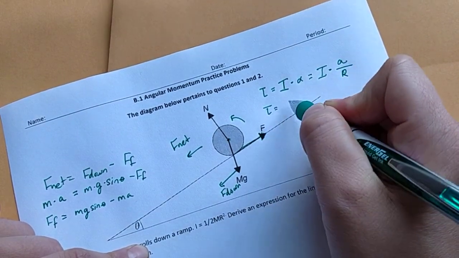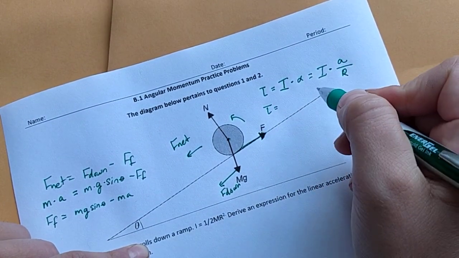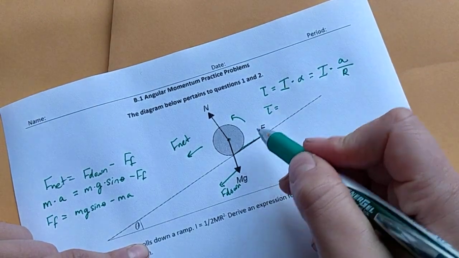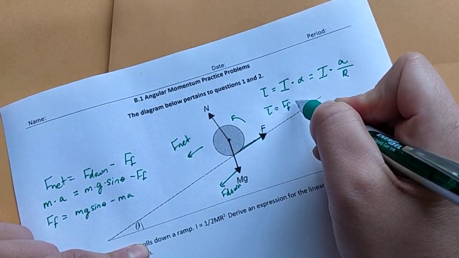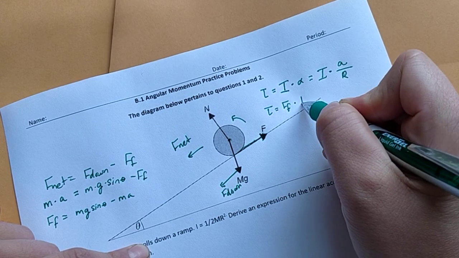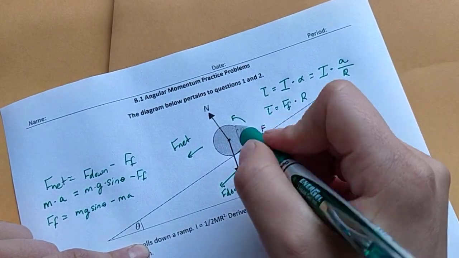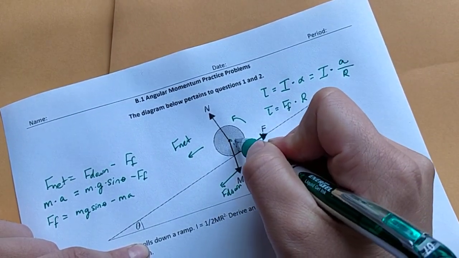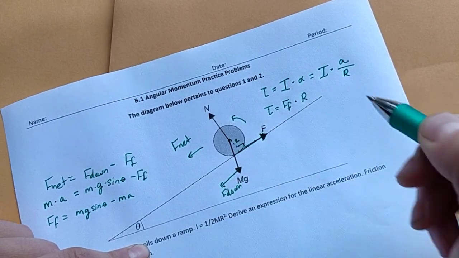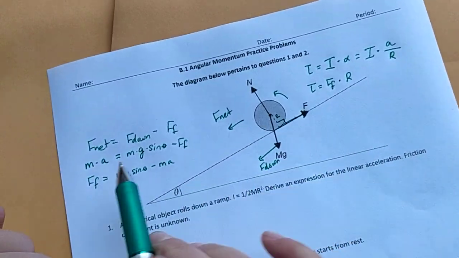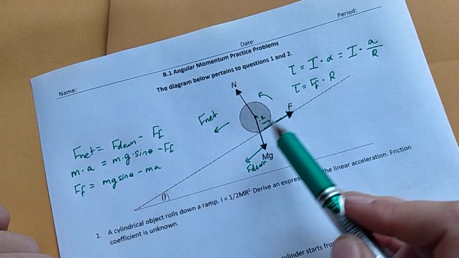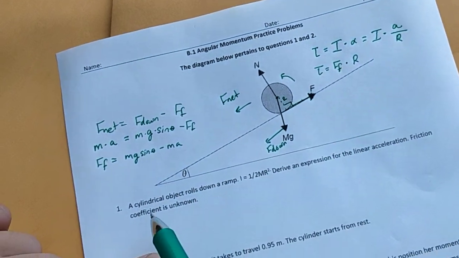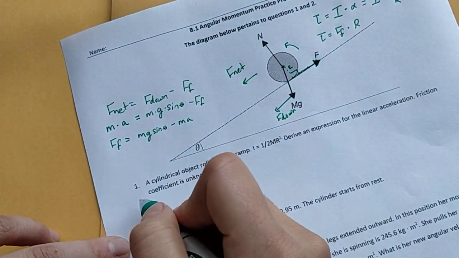And torque is equal to the force which causes rotation, in this case friction, so the force of friction times r times sine theta. The angle between r, my moment arm, and the force of friction is 90 degrees. So now I have an expression for the force of friction, which I'm going to put into here, and I'm going to continue this problem below.